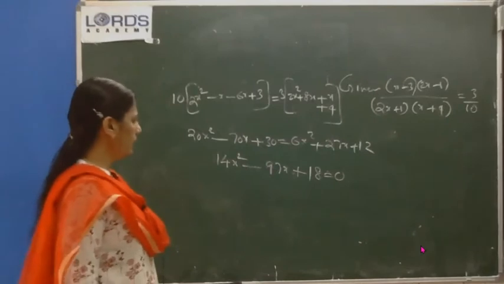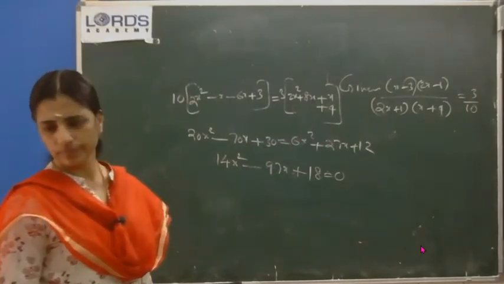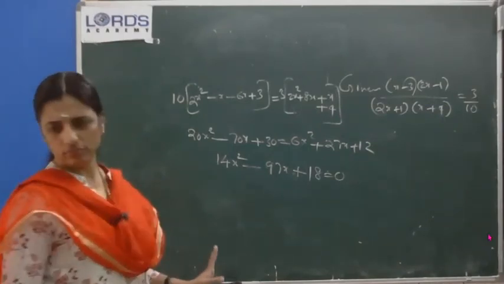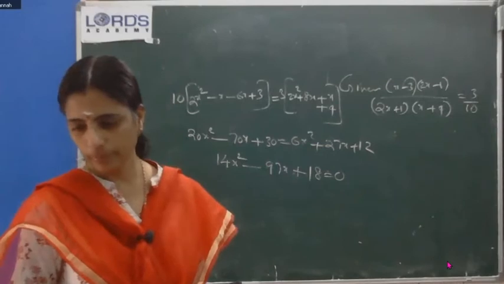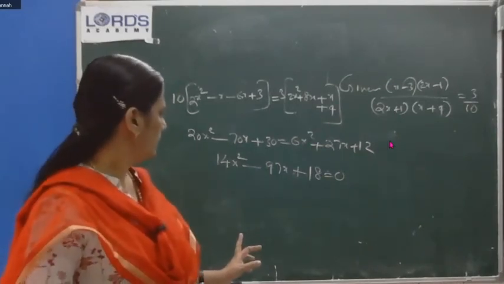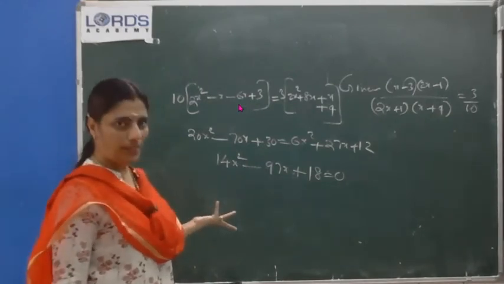I made the mistake, Hanna, help me. Somewhere I made the mistake. 2x plus x prime 6x more. Okay, then where did I make the mistake, can you tell me?